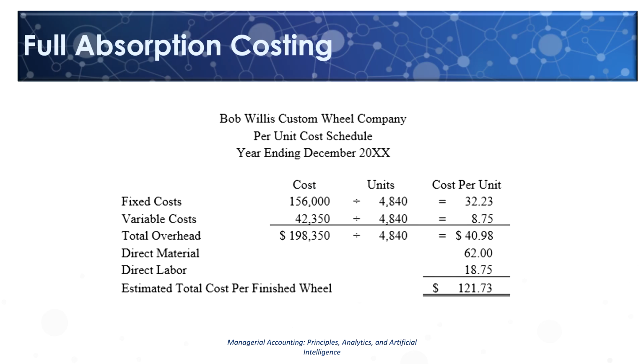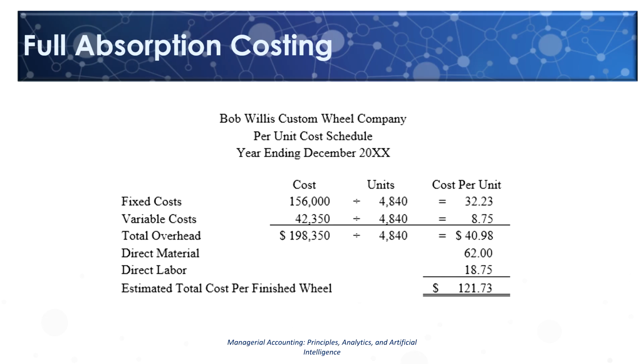The cost of goods sold budget starts by preparing a per unit cost schedule, assuming full absorption costing. To do this, we take the total fixed and variable overhead costs and divide those by units produced to come up with a cost per unit for overhead.